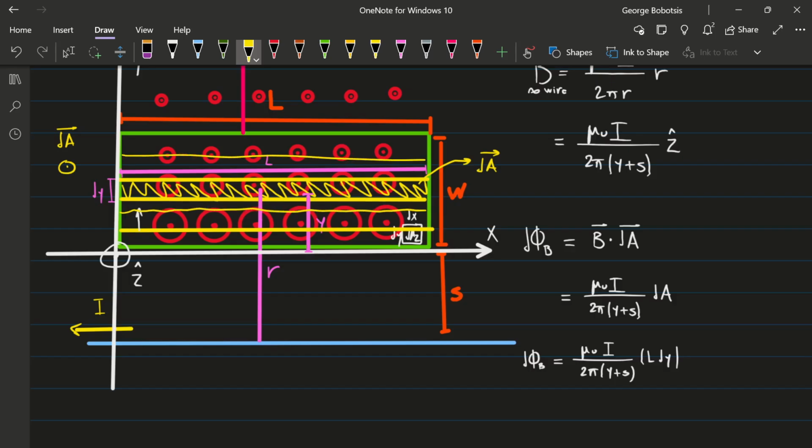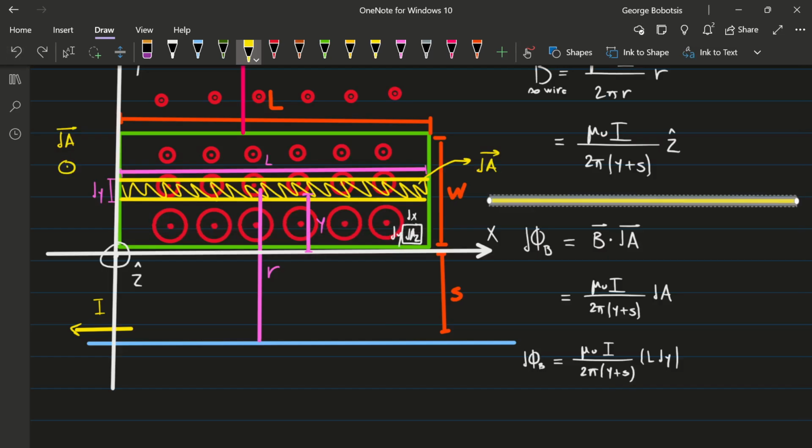There's another line over here that has moved north and has spanned this area. There's a lot of these. And as you can see, the one that we picked is not the only one. So I have to account for the little flux that every single one of these little areas is creating right now as I move the loop north.